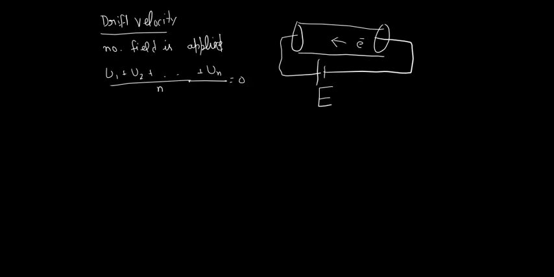These velocities are due to thermal motion. Total average velocity will be 0. Consider this equation number 1.